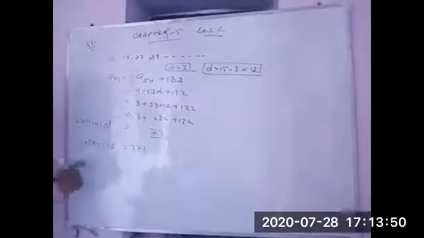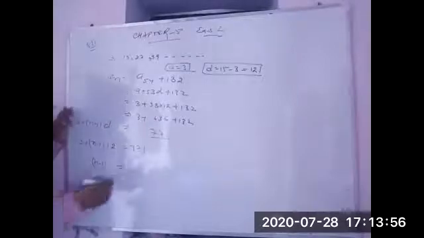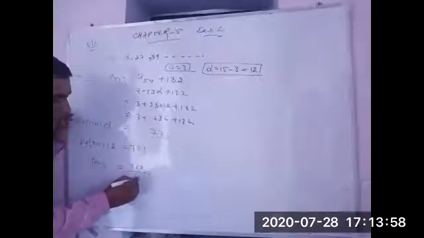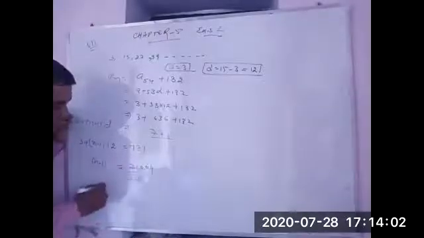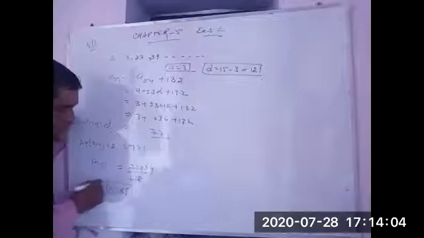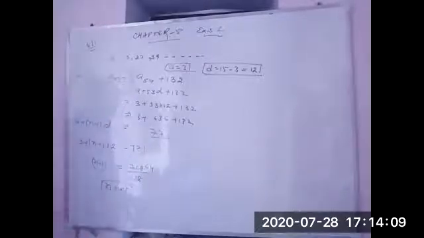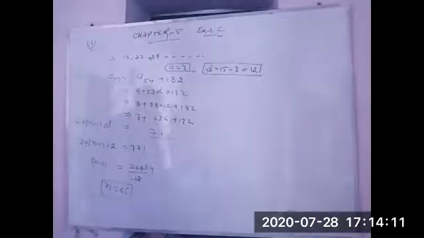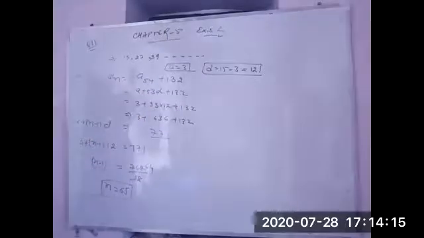OK, 3 will be subtracted. 7 minus 3, how much will be left? 768 divided by 12, which is 64. So n minus 1 is 64, so n is 65. It means the 65th term is 132 more than the 54th term. Is it clear? Yes, sir.